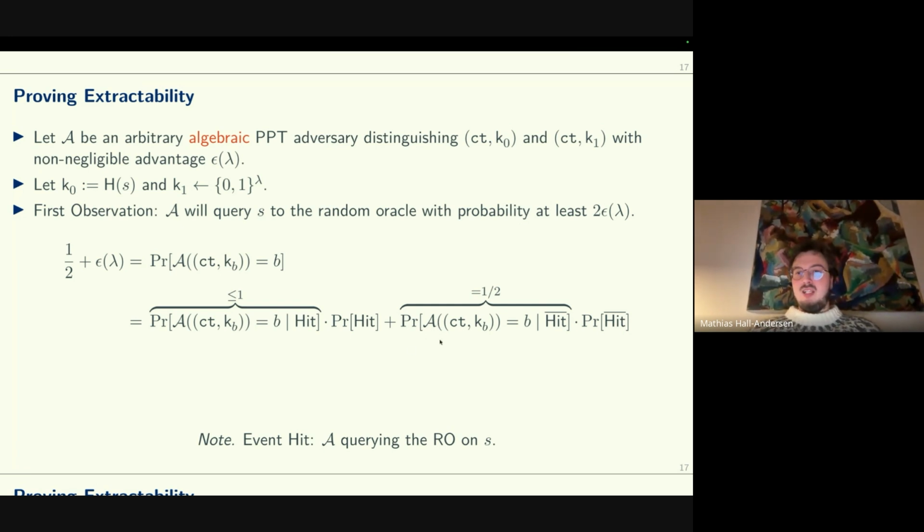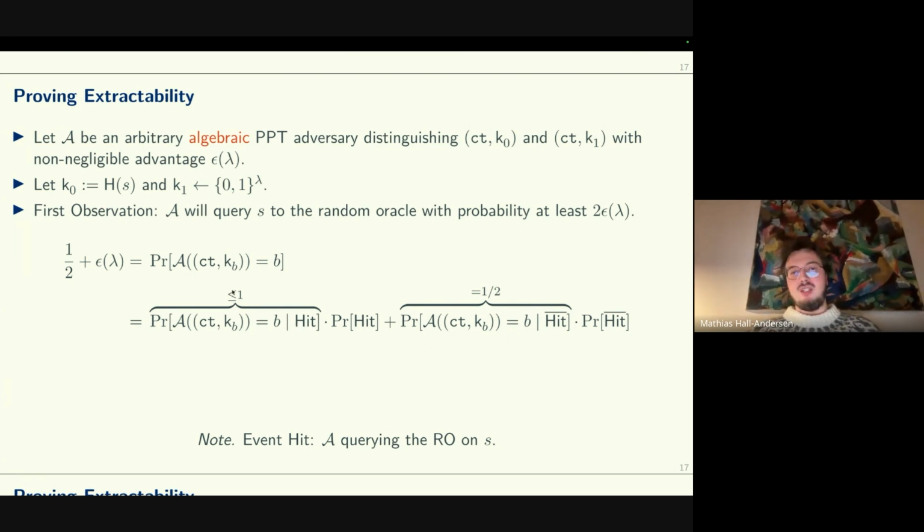So the probability that he correctly guesses whether he is in the K0 case or the K1 case, when he doesn't actually query the random oracle, has to be exactly 1/2, because the distribution of B is completely independent of the adversary's view. The other side, I don't know. What's the probability that he correctly guesses the bit if he actually queries on S?